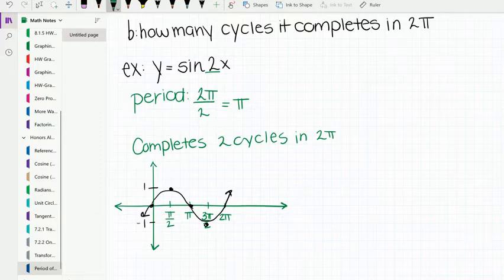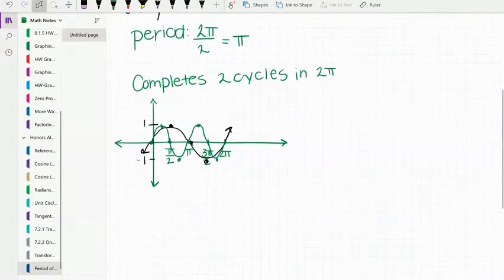But now that we've altered the period, it's going to look a little bit different. It'll look something like this. We can see that it completes 2 cycles in 2 pi, so it goes twice as fast.